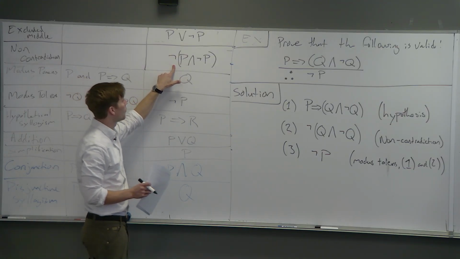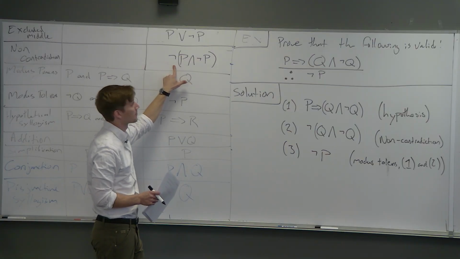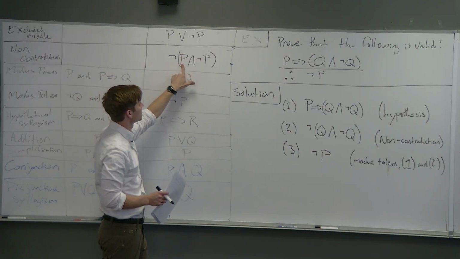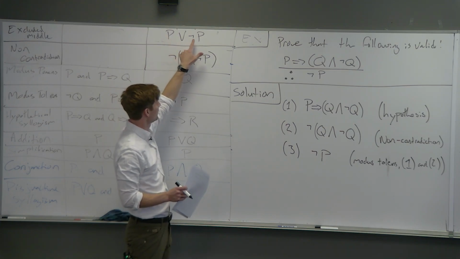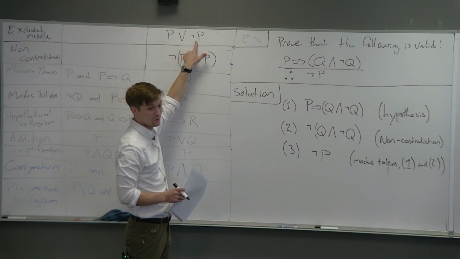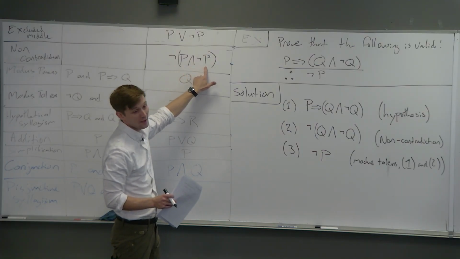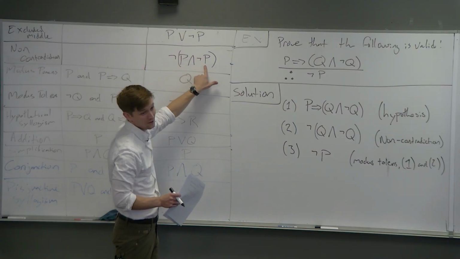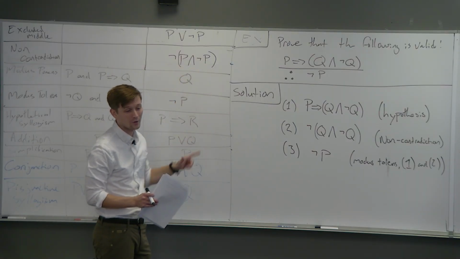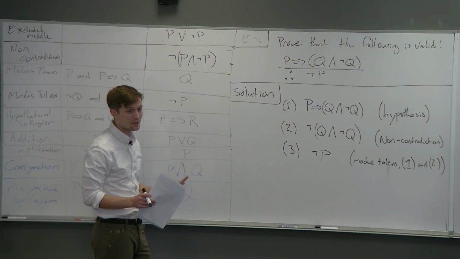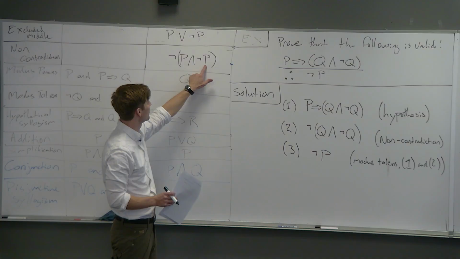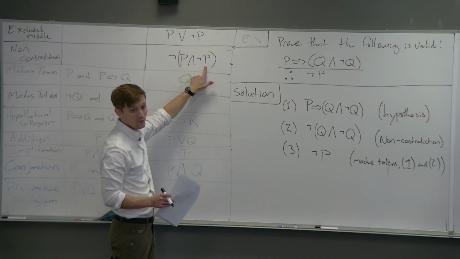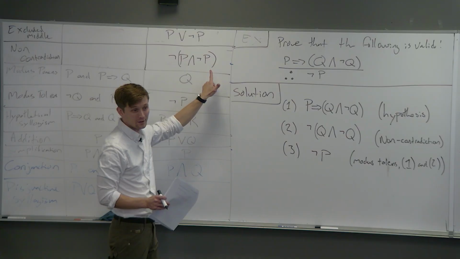No matter what your proposition is, either the thing is true or not the thing is true. So the thing and not the thing is never true. That is, not (the thing and not the thing) is always true, no matter what the proposition is. You need not assume that the thing is true. It could be false. Either way, this statement will be true.